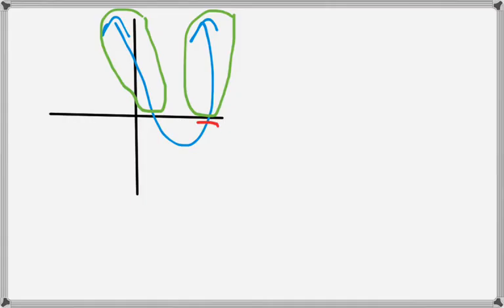The polynomial will be negative where it's below the x-axis. The points where it switches from positive to negative are these x-intercepts, because that's where it's equal to 0.